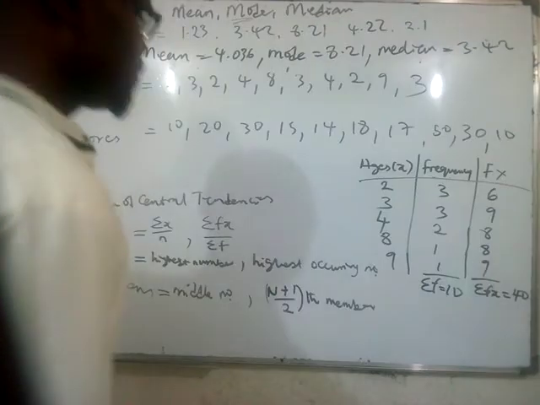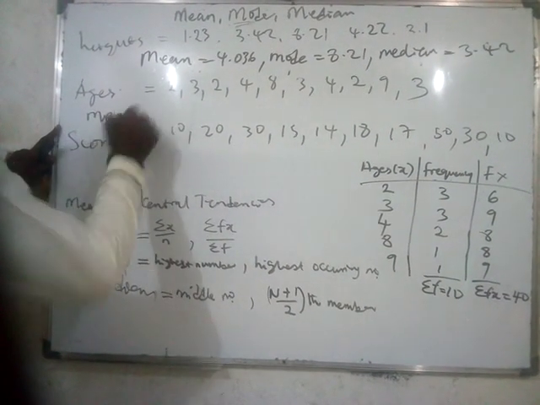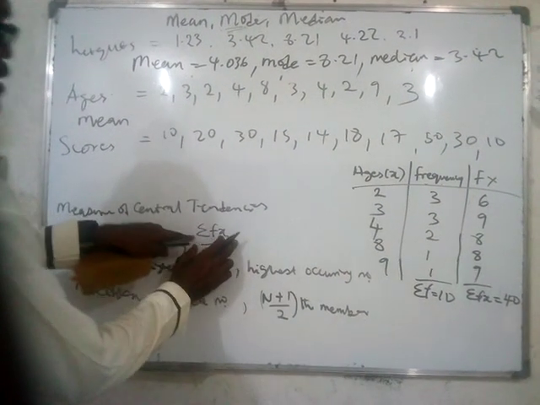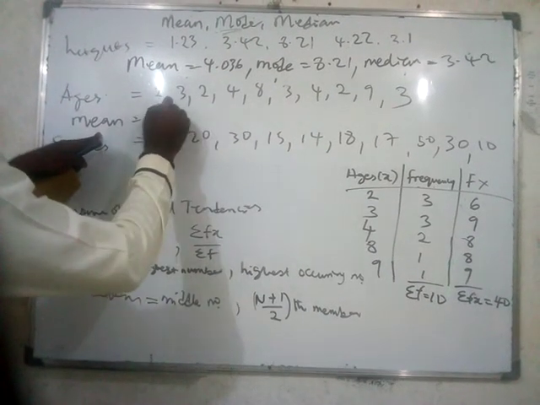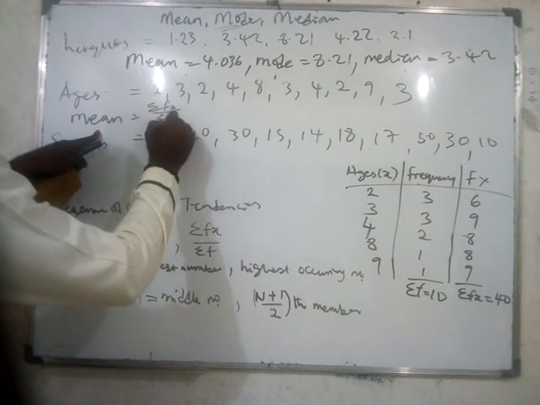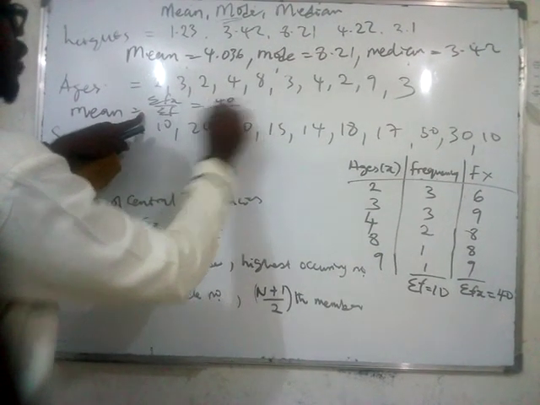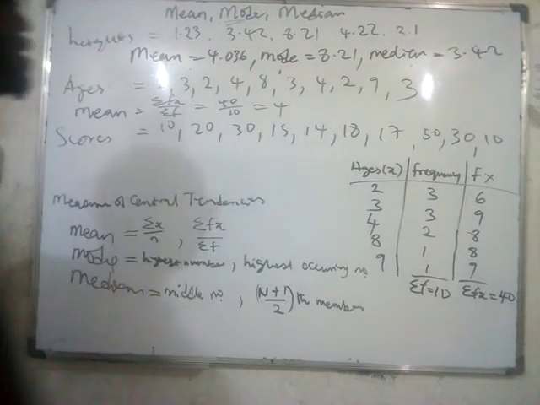Now, if you want to calculate the mean for data put in a frequency table, the formula is summation of fx over summation of f. Summation of fx is 40, over summation of f, which is 10, giving us 4. So that is the mean.